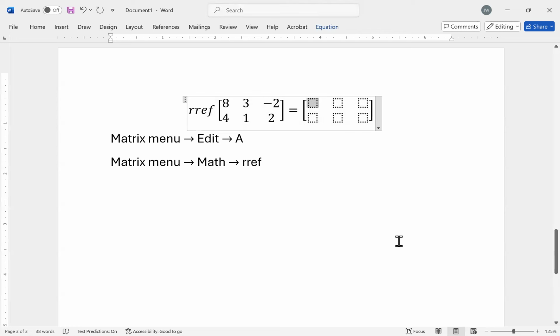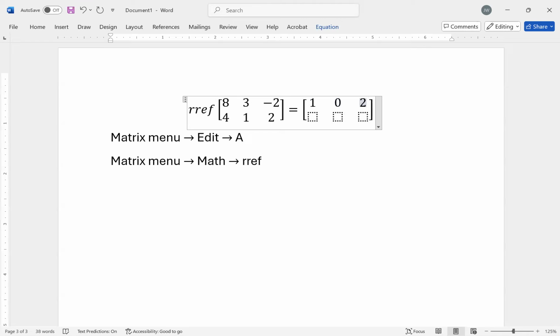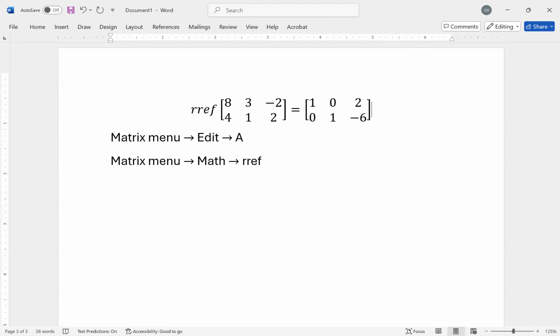And then my calculator does all of the hard work. It does basically all 4 steps we did by hand in the last example in about a half of a second. So we get this matrix that is in row-reduced echelon form.